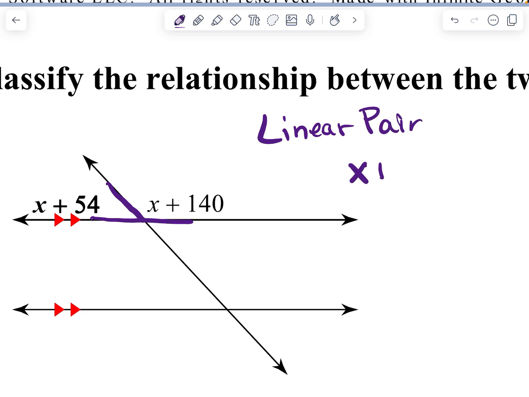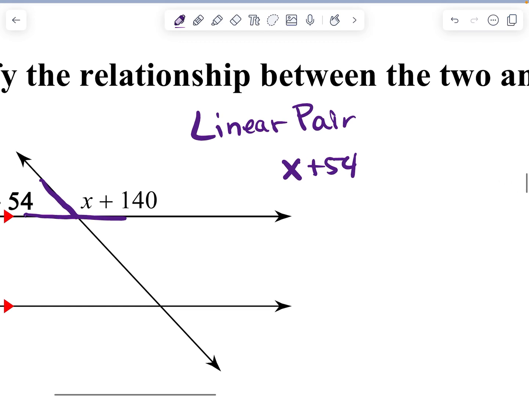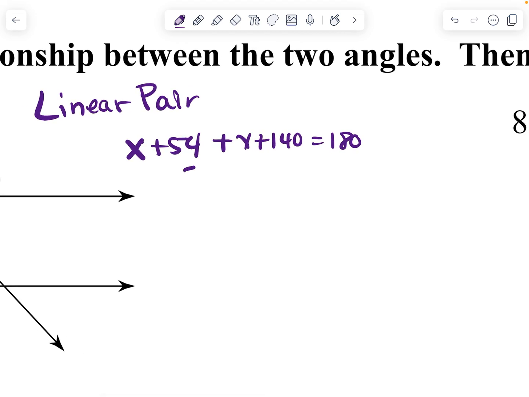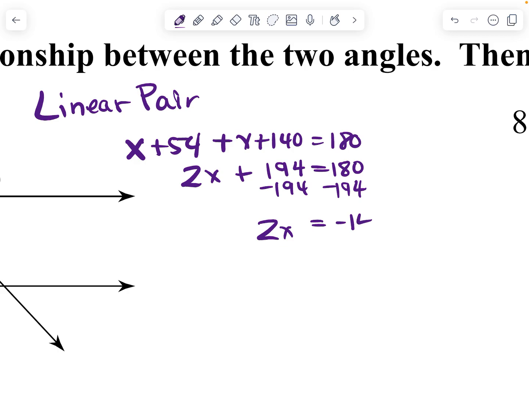So I take x plus 54. I add that to x plus 140, and that equals 180 degrees. So 2x plus 194 equals 180. I subtract 194. I get 2x equals negative 14.